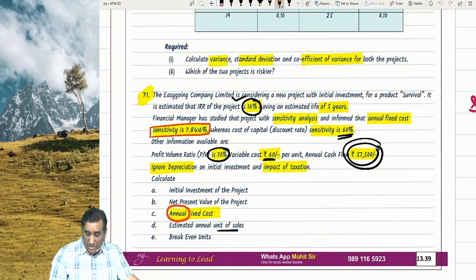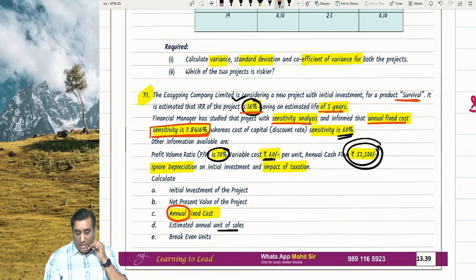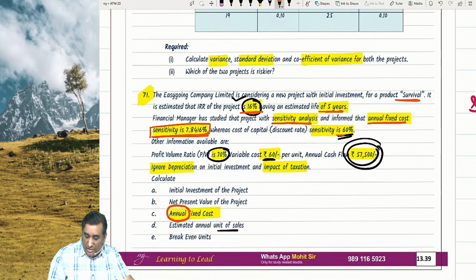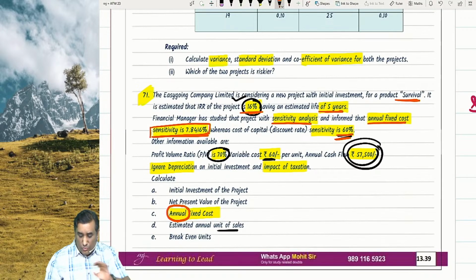The Easygoing Company Limited is considering a new project. It is estimated IRR 16%, having life of 5 years. Financial manager has studied that project with sensitivity analysis and informed that annual fixed cost sensitivity is 7.8416%, whereas cost of capital sensitivity is 60%. So indirectly they are giving a hint that if cost of capital increases by 60% or annual fixed cost increases by 7.8416%, your NPV will become 0.